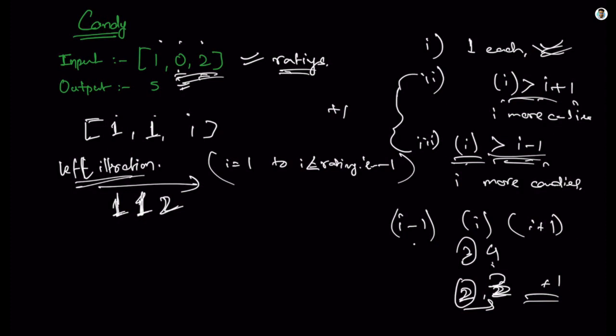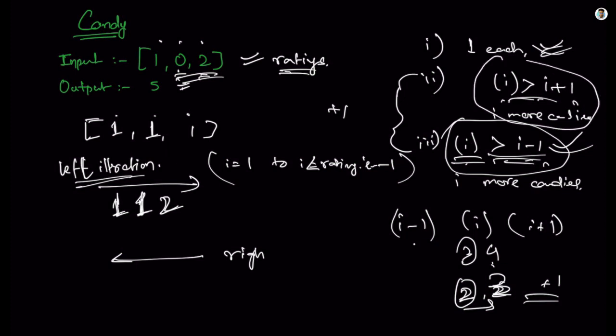So now we have to do a similar iteration from the right side to match this condition. We have fulfilled this condition, and now we will be fulfilling this condition: the I plus 1 value should be lesser than the ith value. For that, we will start from the second last index.